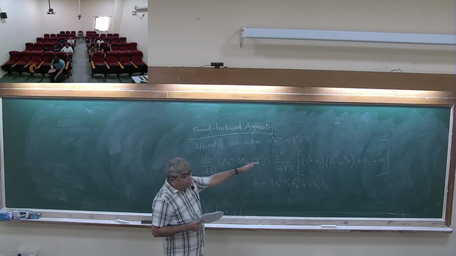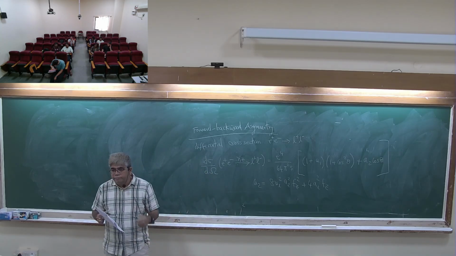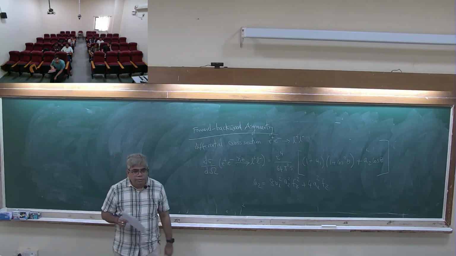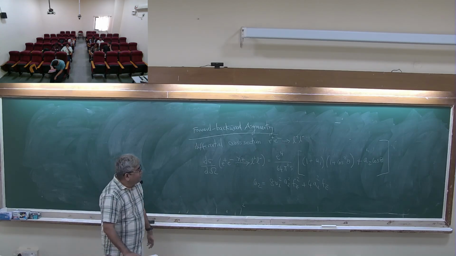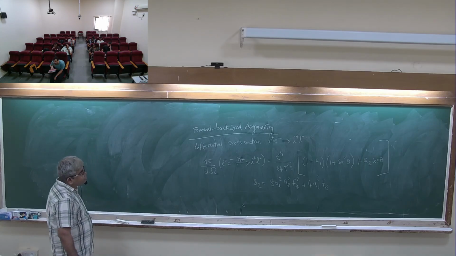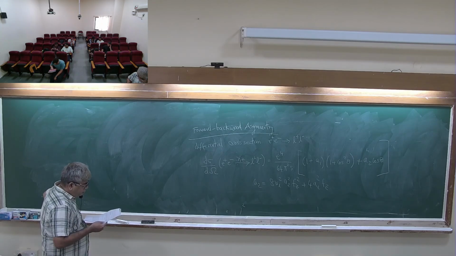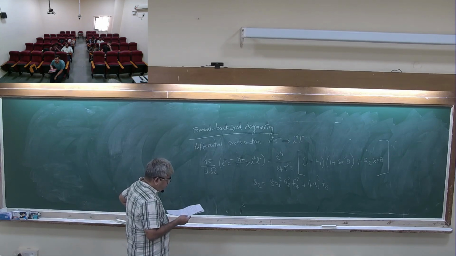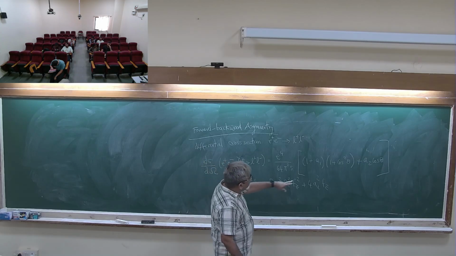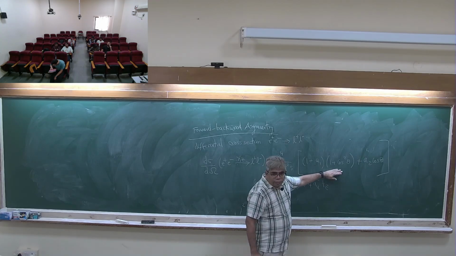I'll put all these references on the Teams page, and also all the files which we use. It's a collection of many things actually. Now you see A1, the Z contribution, has the same thing as QED, 1 plus cos square theta.